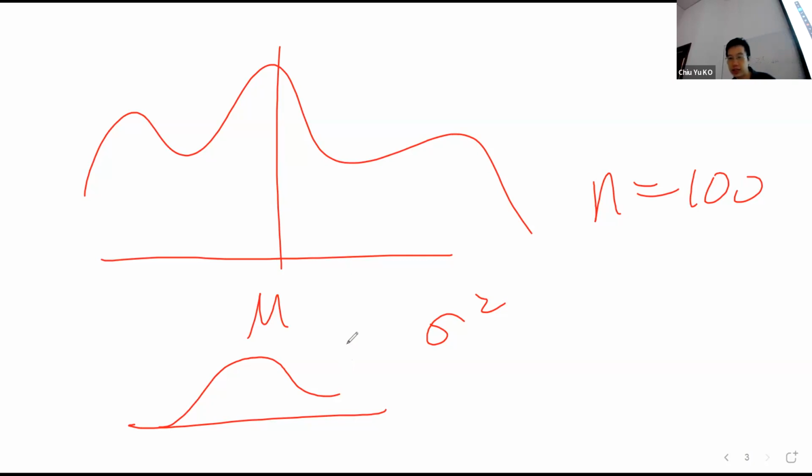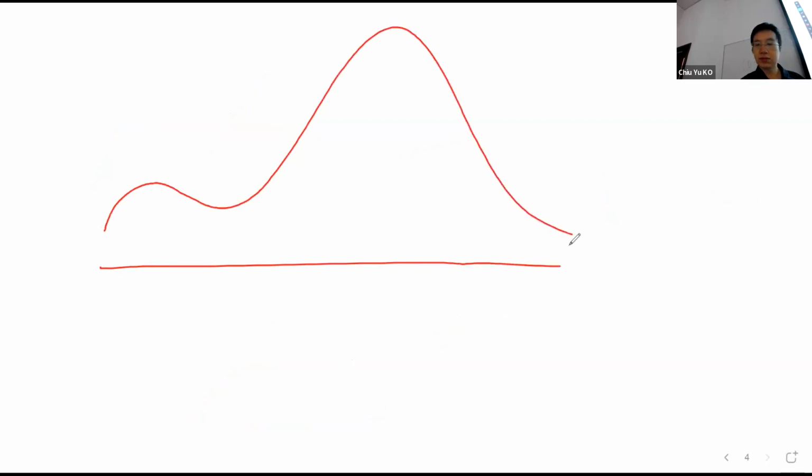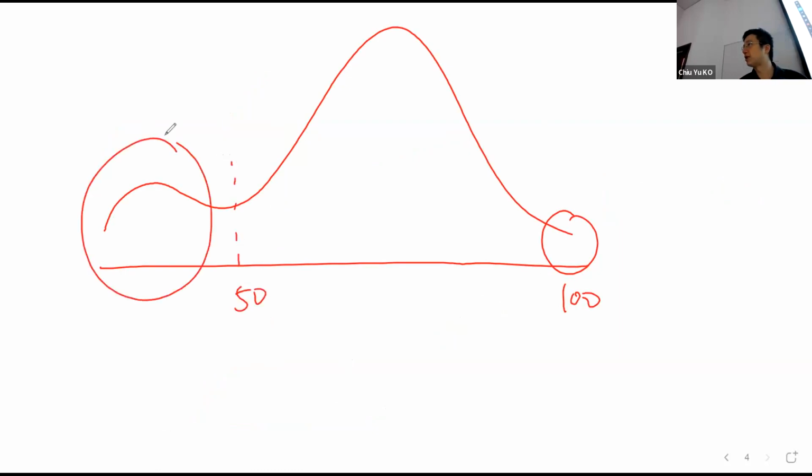In my experience, the class usually looks like this, bimodal. Some people get 100, and some people get maybe 50-something. There's a small peak over here, people not attending any class, or attending some of the class and not doing assignments, and the majority is around 70 marks.